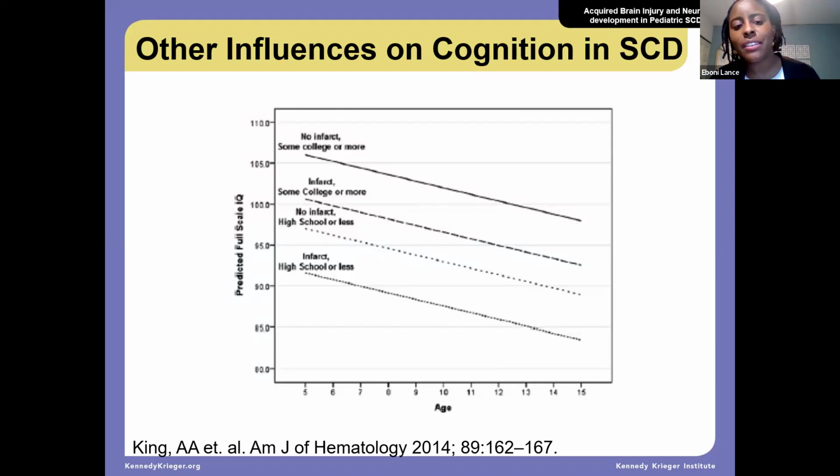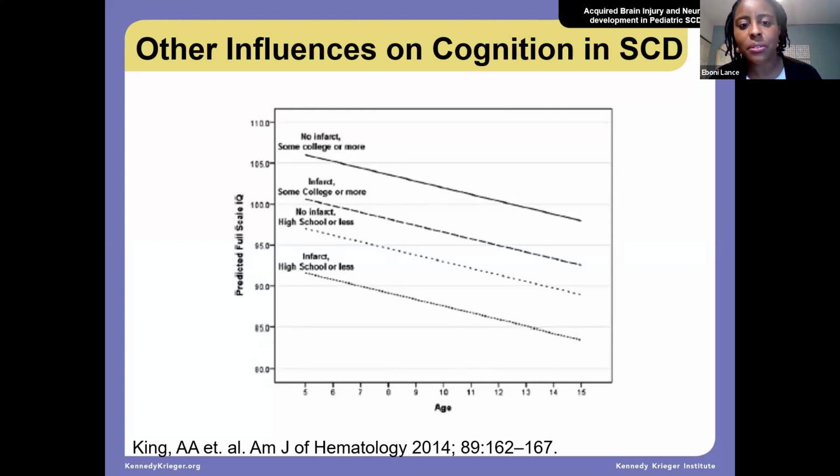So you can see here at the top, the patients with the highest full-scale IQs had no prior history of infarct, and their parents had some college education or more. And then the patients with the lowest IQs had an infarct of some sort, and their parents had a high school education or less.